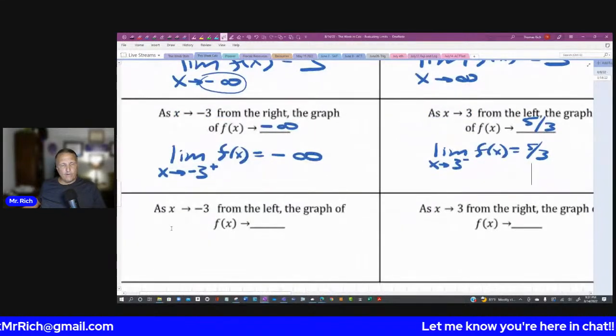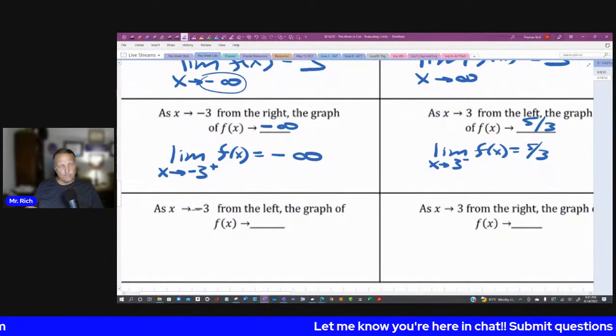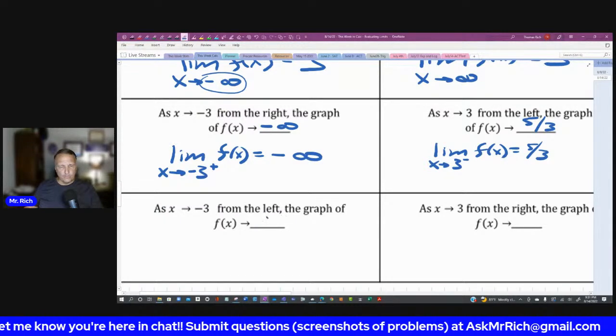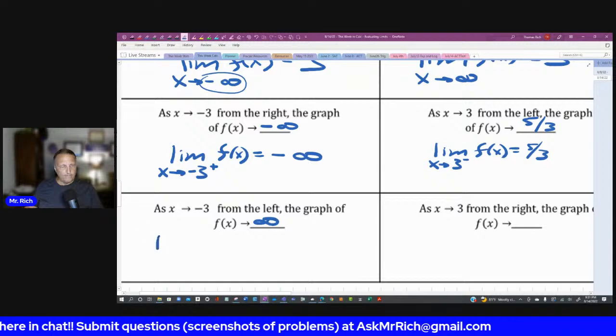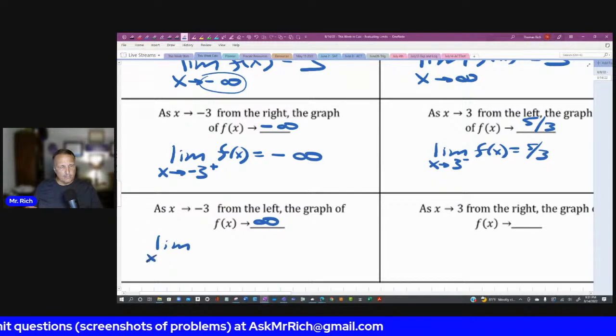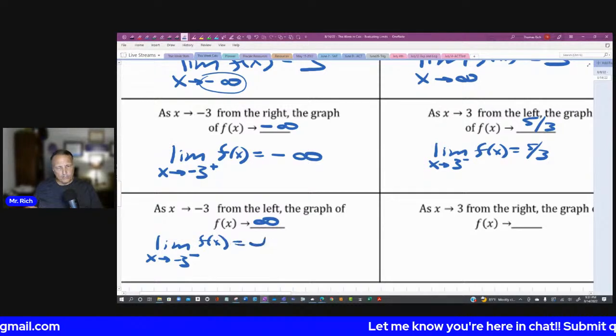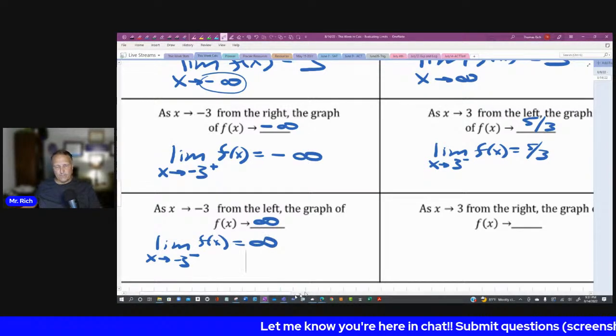All right, now over here, as x approaches -3 from the left-hand side, that's where the y values are going to infinity. So we would write it like this: the limit as x approaches -3 from the left, my function goes to infinity.